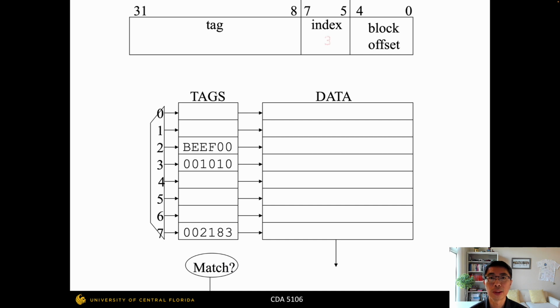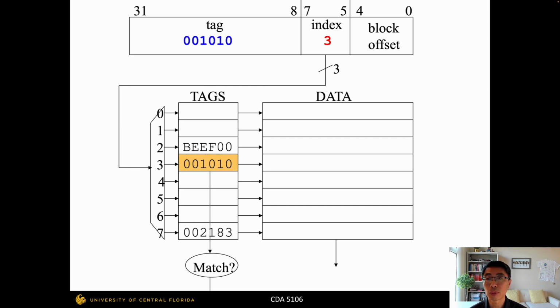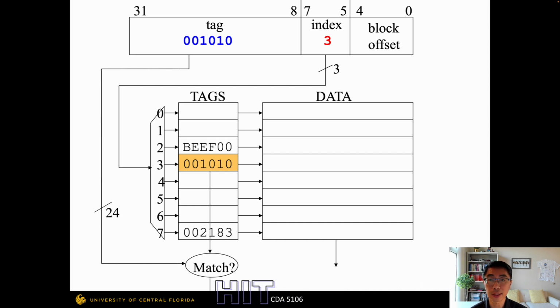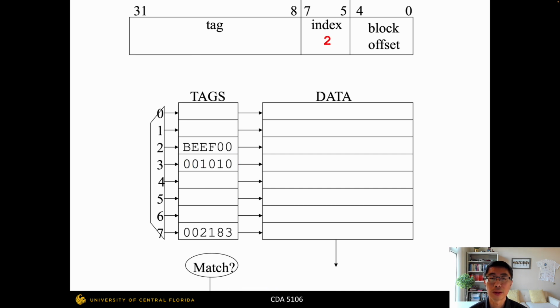Next we have access to index 3. We read out from the tag array, and the block that we want to access turns out to have the same tag, so we have a cache hit. Moving on, we have an access to index 2. We read out index 2, and it turns out the tag that we want is not this.